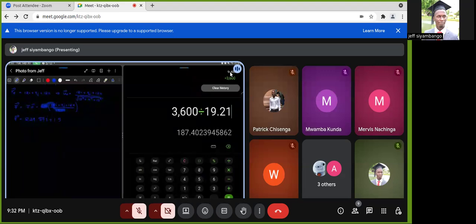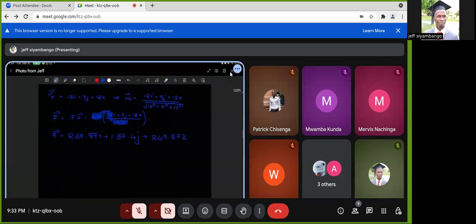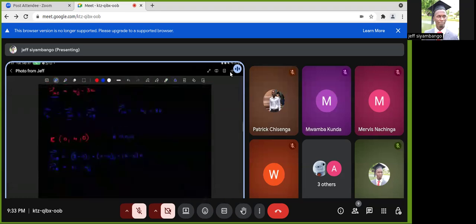Now we get 187.4j. k is also true, so it will give us the same thing as for i, which is 249.87. Okay. So this becomes our force in Cartesian vector form.